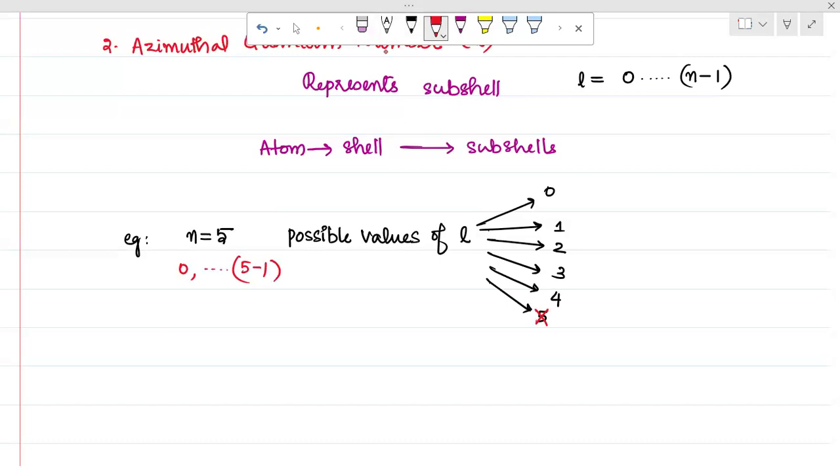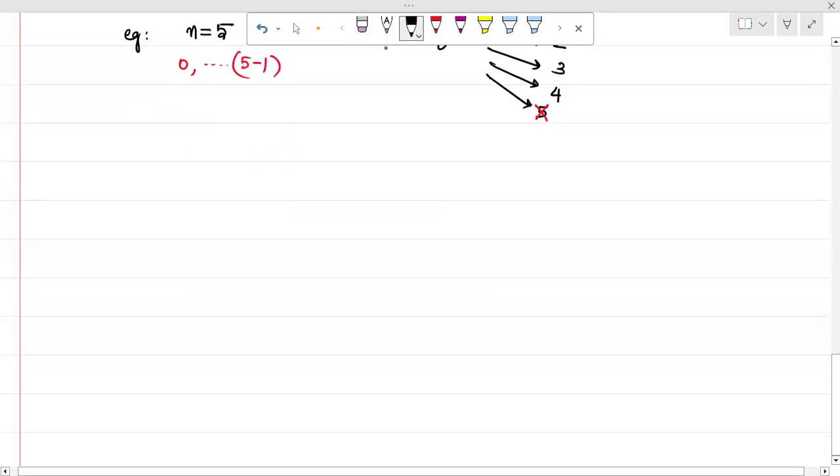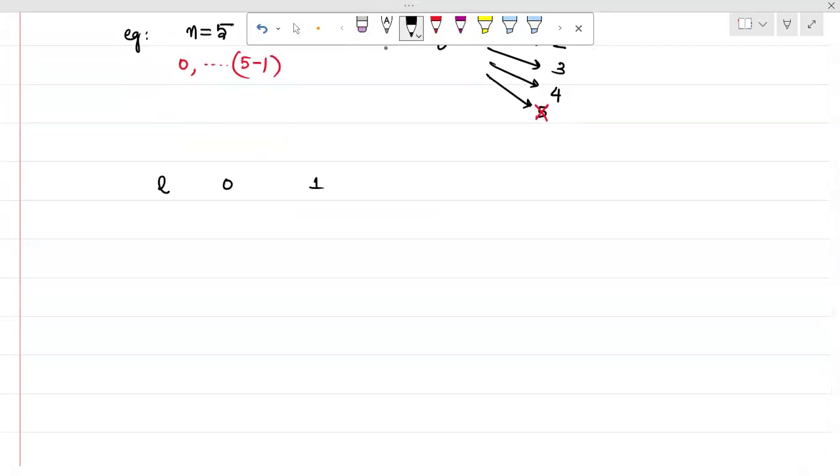Now, corresponding to each of these values of l, there are certain notations. For example, you can draw a table. Let's say your value of l is 0, 1, 2, 3, 4, 5, 6. It can go on because you can get hypothetical questions in the exam and it's important that you know.